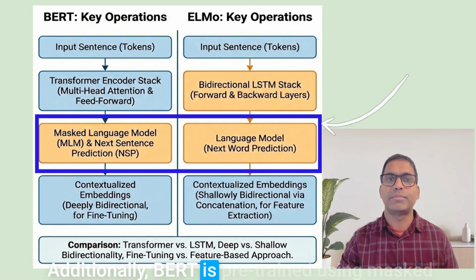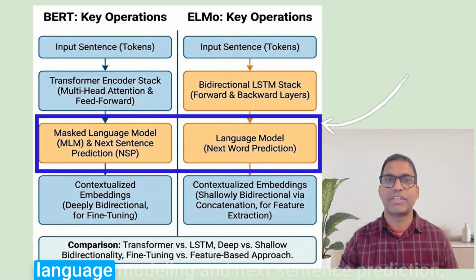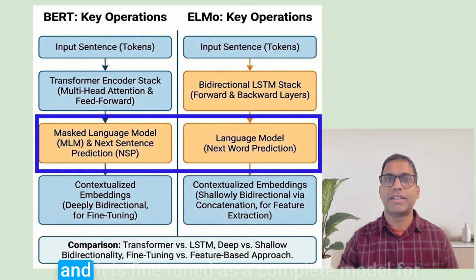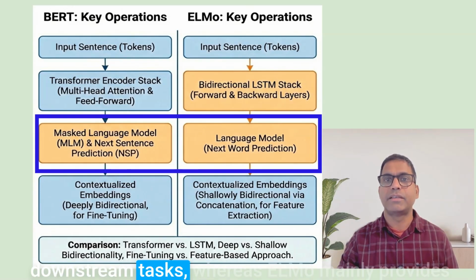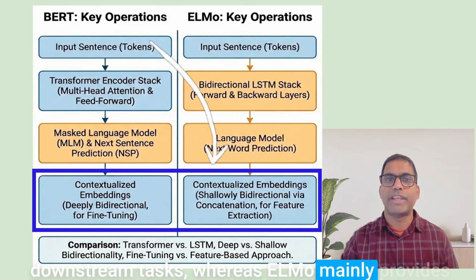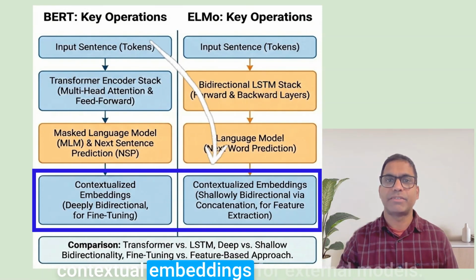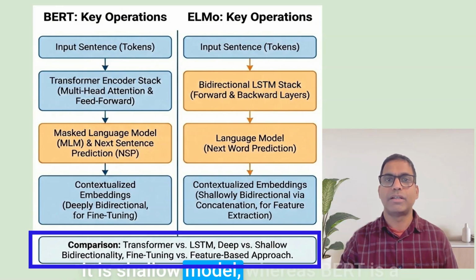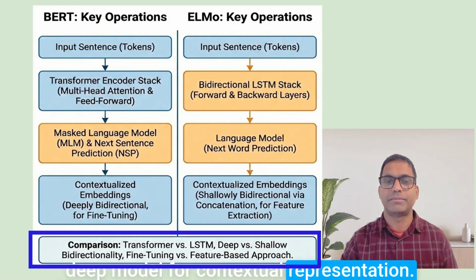Additionally, BERT is pre-trained using masked language modeling and next sentence prediction, and it is fine-tuned as a complete model for downstream tasks, whereas ELMO mainly provides contextual embeddings for external models. ELMO uses next word prediction only and it is a shallow model, whereas BERT is a deep model for contextual representation.